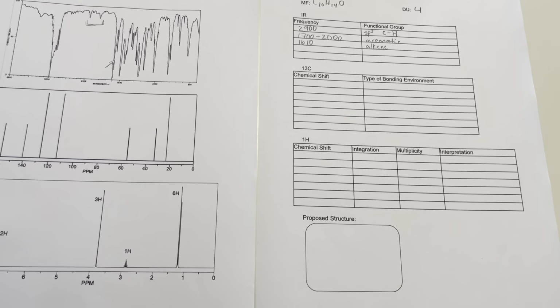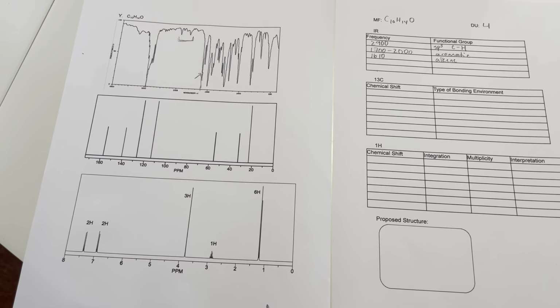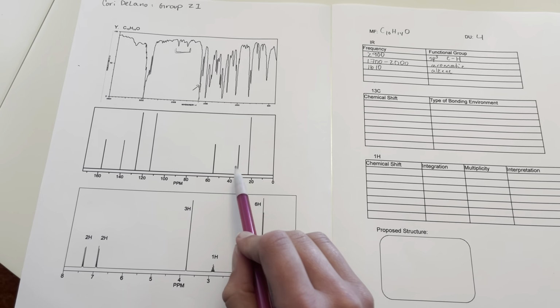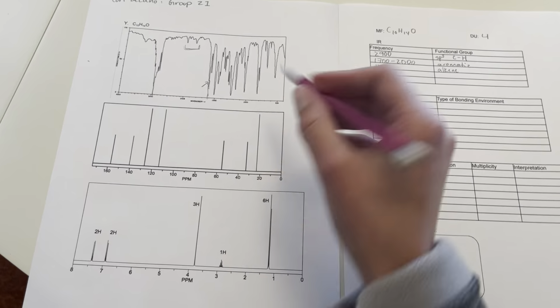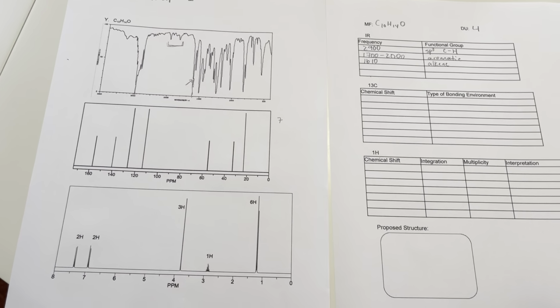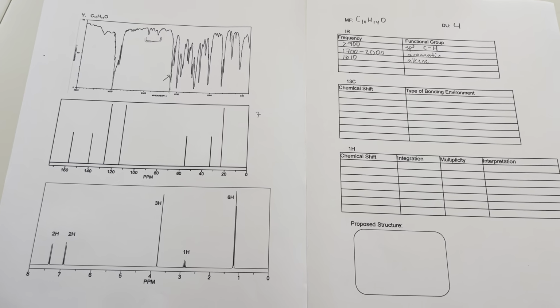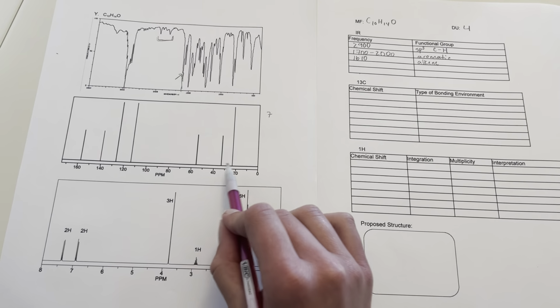Now that we have that out of the way, let's move on to the carbon 13. We have 1, 2, 3, 4, 5, 6, 7 points on the carbon 13 spectrum, and let's write down where they end up.